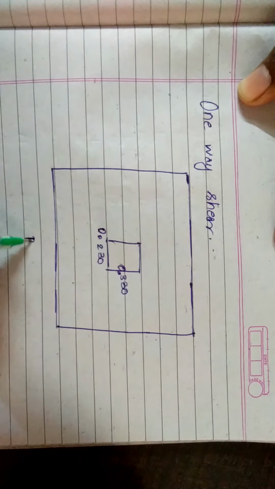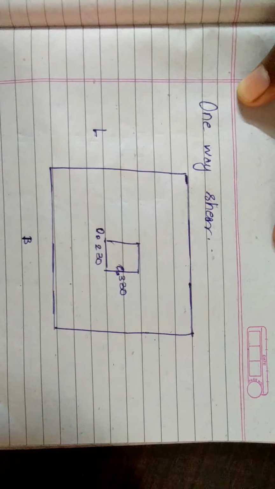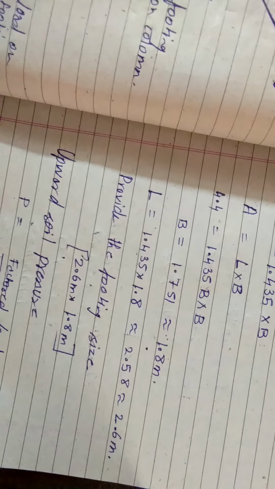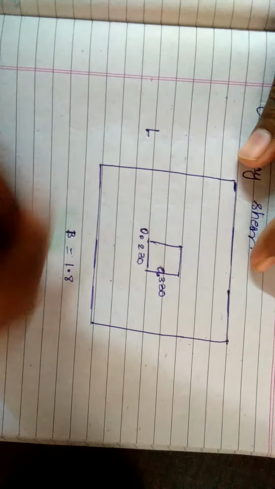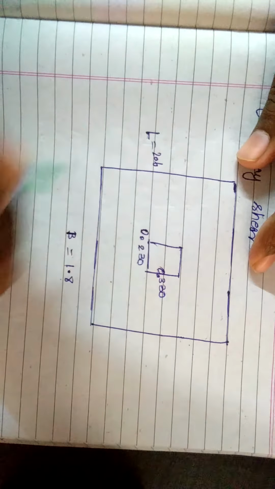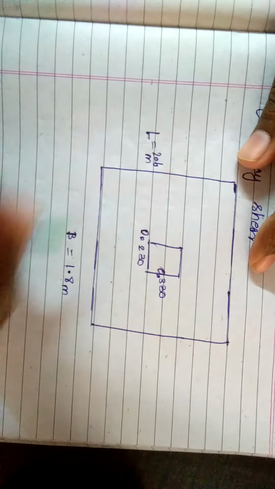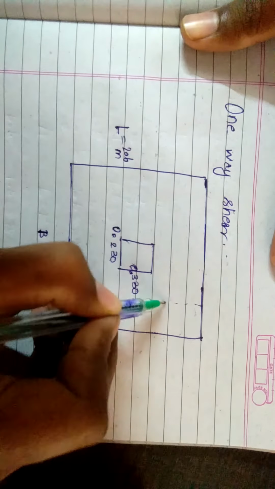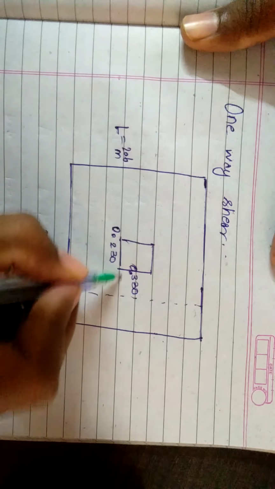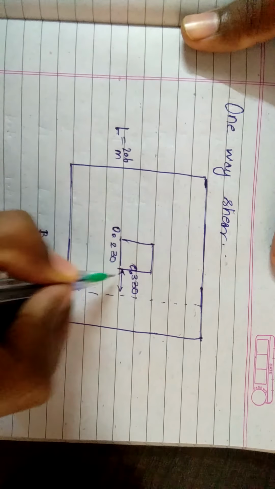After that, the value of B and the value of L. The value of B is 1.8 and the value of L is 2.6. This is in meters.